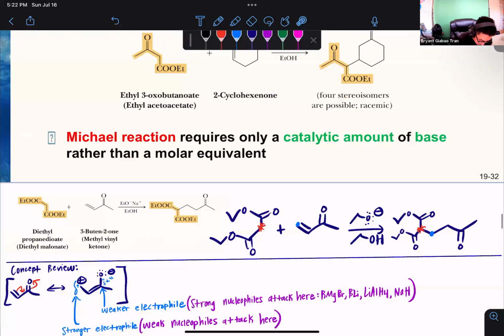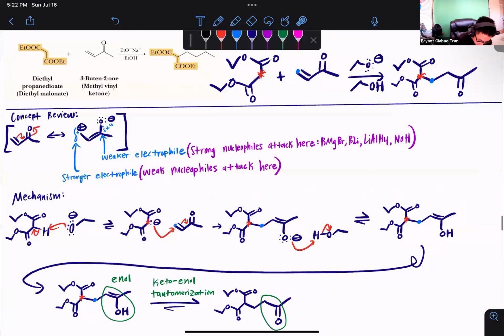The reason why is because let's look at this enone over here and draw its resonance form. So I move the double bond down here, kick up the carbonyl bond onto the oxygen. You see how here this 4th position has a bigger positive charge than this 2nd carbon? Since this 4th carbon has a bigger positive charge, it's a stronger electrophile. So weak nucleophiles can attack that strong electrophile.